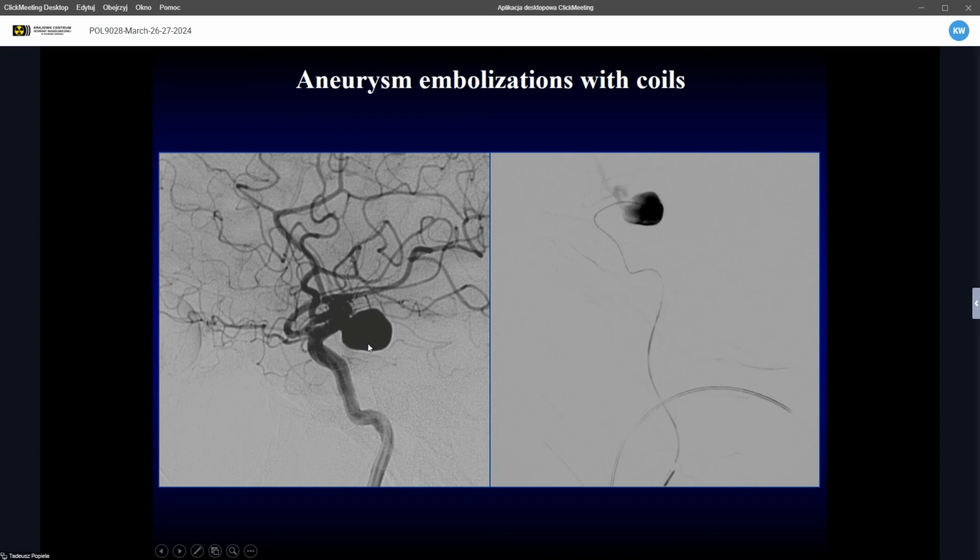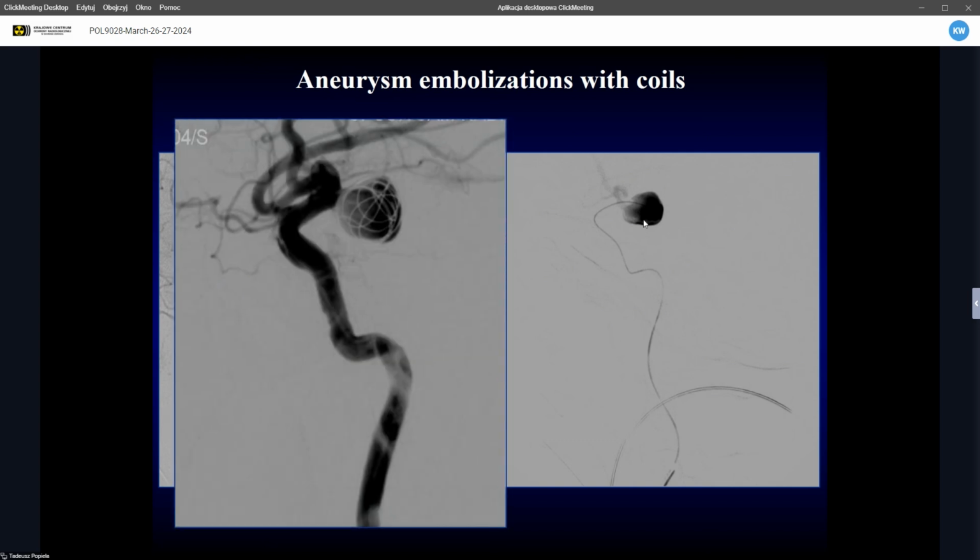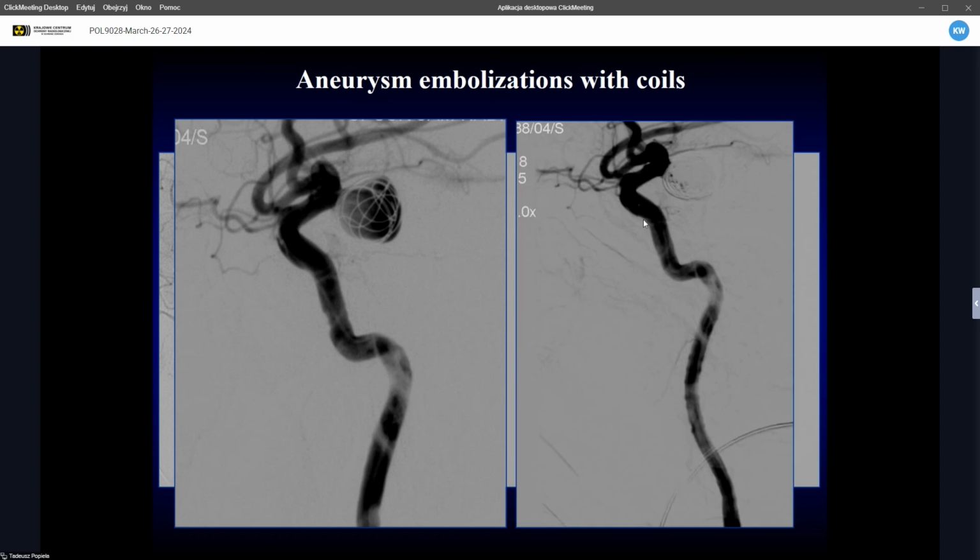So it's enough to put the catheter inside. You can see on the right image the catheter inside the aneurysm sac, and we will try to fill it with the microembolization coils. This is during introduction of some first coils, and this is after the embolization.